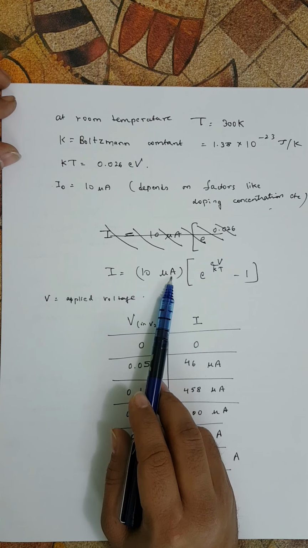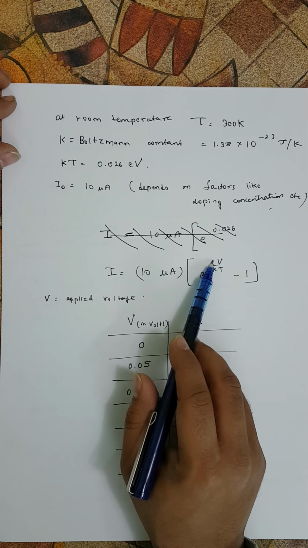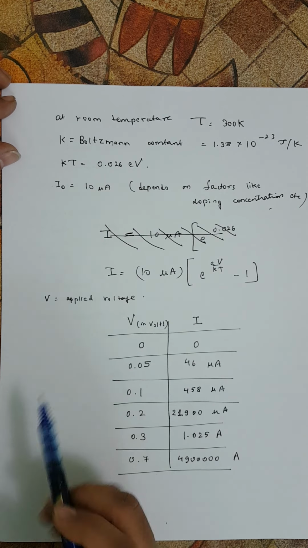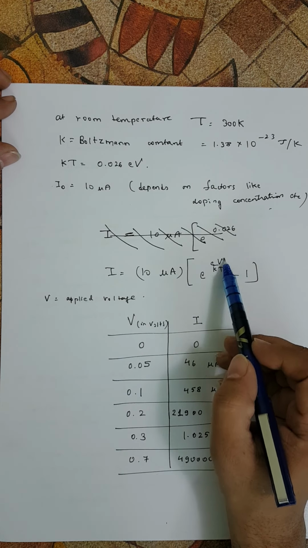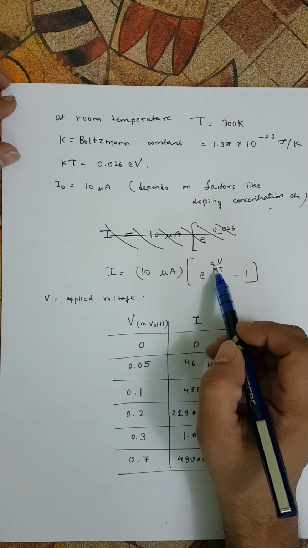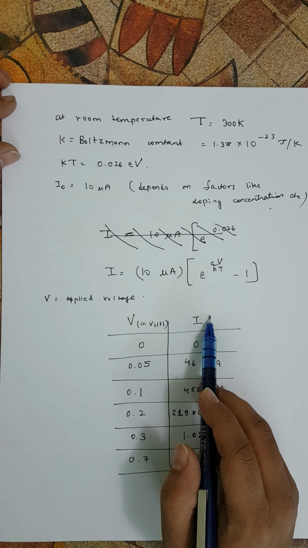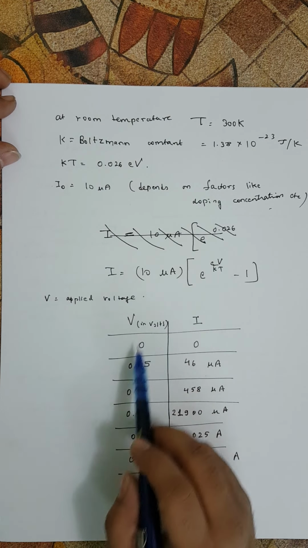So if we substitute this 10 microampere in the expression, I naught times e raised to eV by kT minus 1, and keep substituting the different values of potential difference applied, and the values of k and T, what we get is I. When V is 0, the net current is 0.